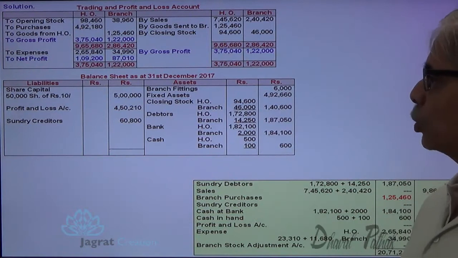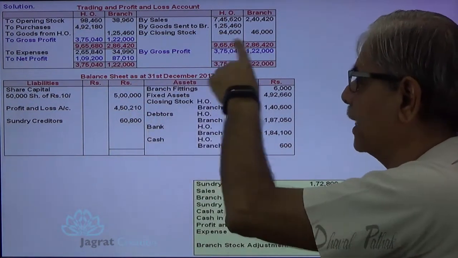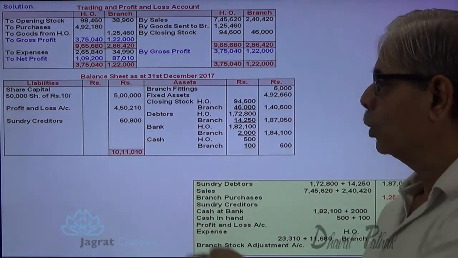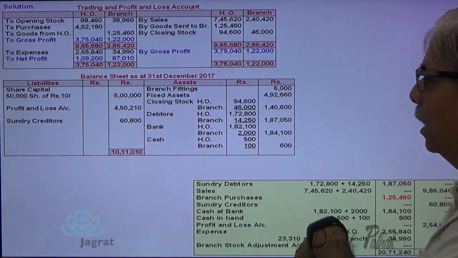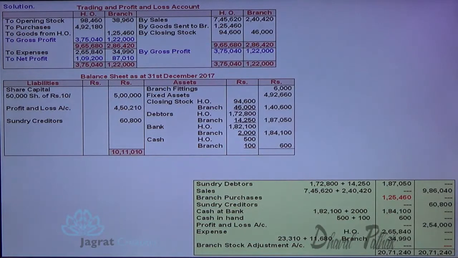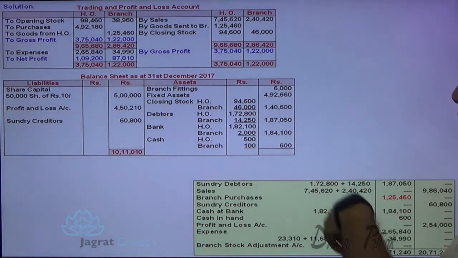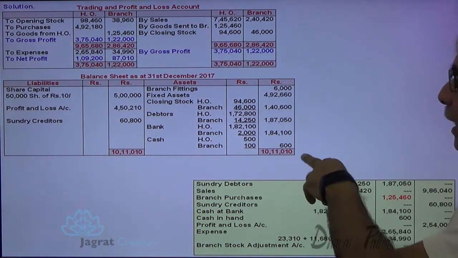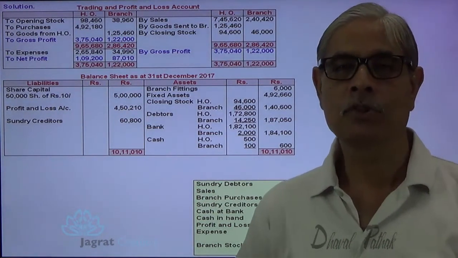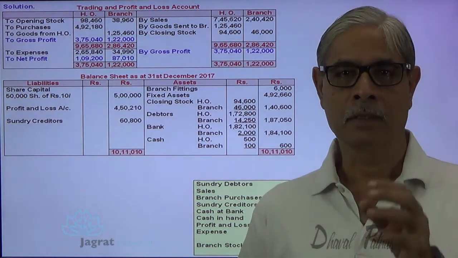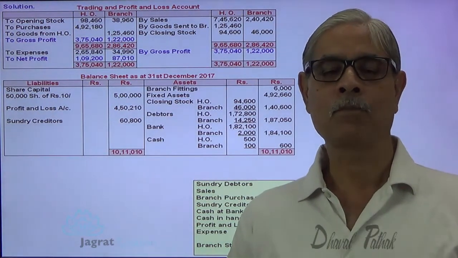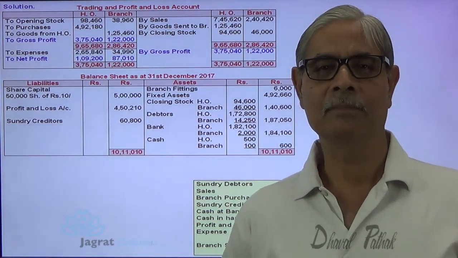Now you have to make the total of balance sheet, the total of liability side and total of asset side should agree. So 10,11,010. Here also the same should be the total. 5 plus 6, 11. 10,11,010. So this is how this sum gets solved. It is a very important sum.